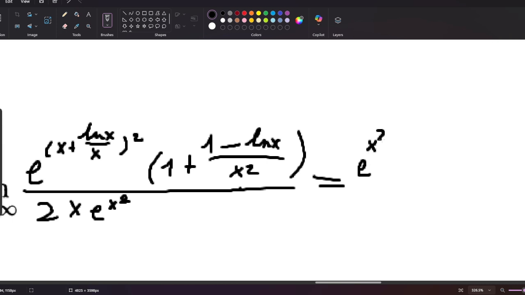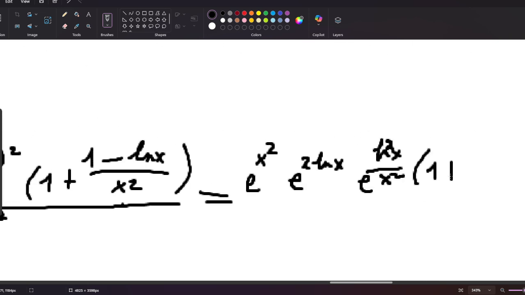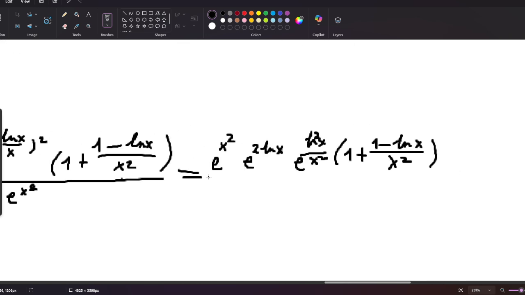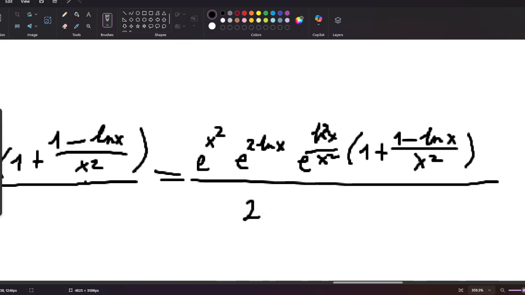It's going to be e to the power of x squared times e to the power of 2 times natural log of x times e to the power of natural log of x squared over x squared times 1 plus 1 minus natural log of x over x squared, over 2 times x times e to the power of x squared, and we forgot to include the limits.